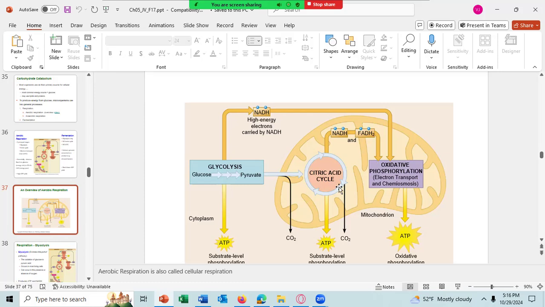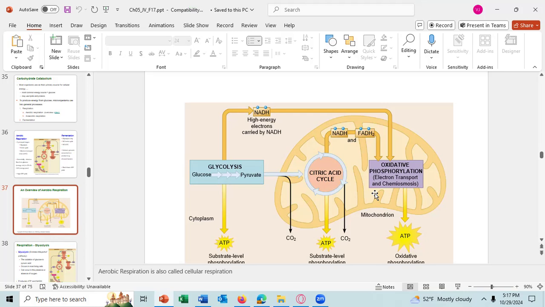Now, the citric acid cycle in a eukaryote happens inside the matrix of the mitochondria. The electron transport chain happens across the inner mitochondrial membrane. Any question about any of that?